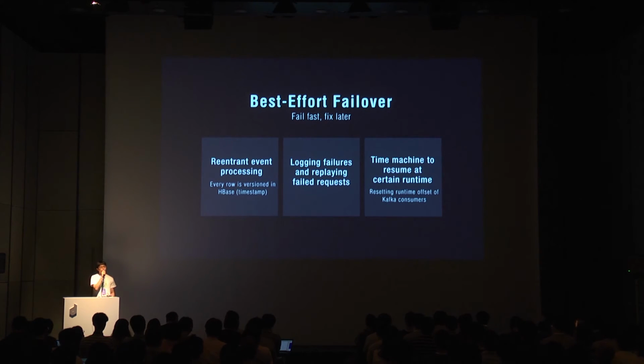Gravty is designed to restart any request at any time. We made a tool that can replay all failed requests. Also, we developed our own time machine that can resume at a certain runtime if a major outbreak occurs. We are working on automating the whole process.